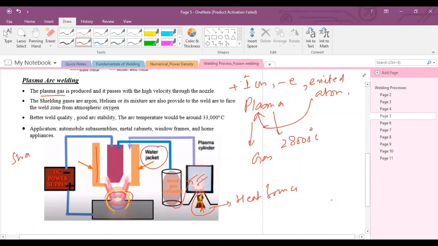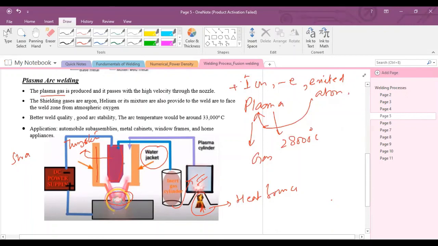As you can see, this is the electrode. This tungsten electrode is a non-consumable electrode, which has a high temperature around 3,500 degrees centigrade to 4,000 degrees centigrade.